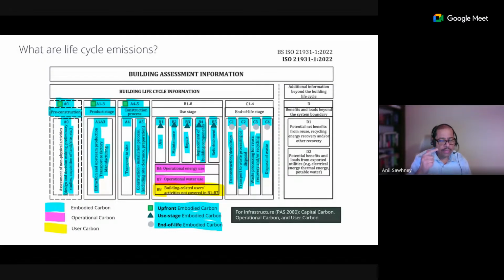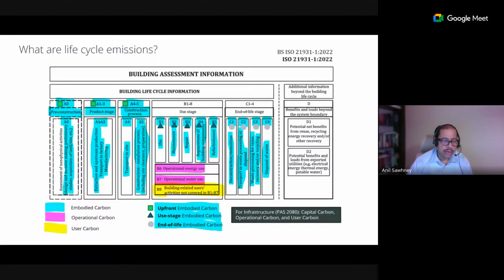Okay, so A0 through A5 are also called upfront embodied carbon. All that you see with blue triangles within the light blue highlight are use stage embodied carbon. So embodied carbon is further divided into three types: upfront, use stage, and end of life. So all the blue triangles that you see, B1, B2, B3, B4, B5, are all use stage embodied carbon. And then gray circles, C1, C2, C3, C4, are all end of life embodied carbon.